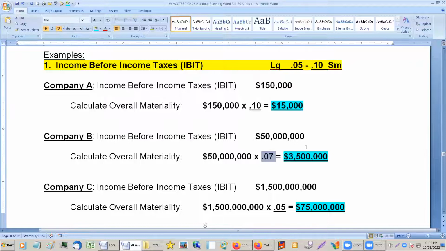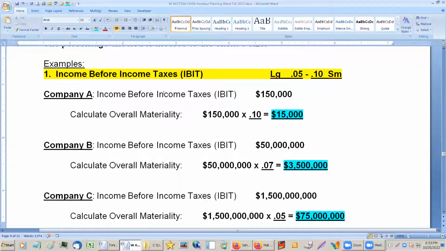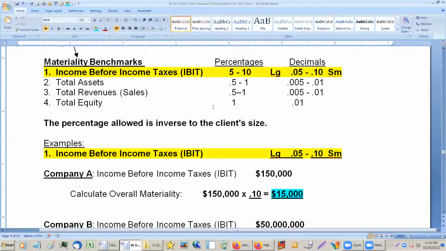So yes, there is judgment involved in which one you use. I'll give you an example of when this would not be a good one to use. Income before income taxes is a very common number that analysts look at, but it's possible that it's not a good one. Suppose they have a loss, or very little income. Maybe they have a bad year, and the materiality would be really small, which for the size of company it shouldn't be.